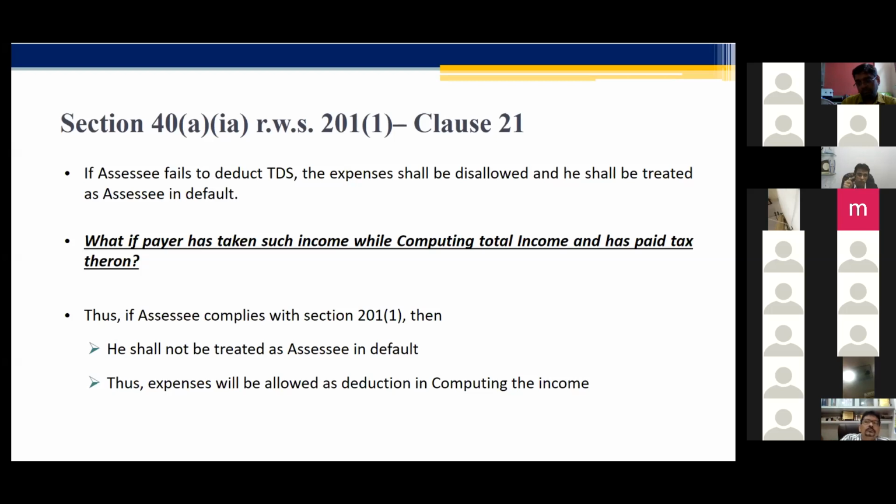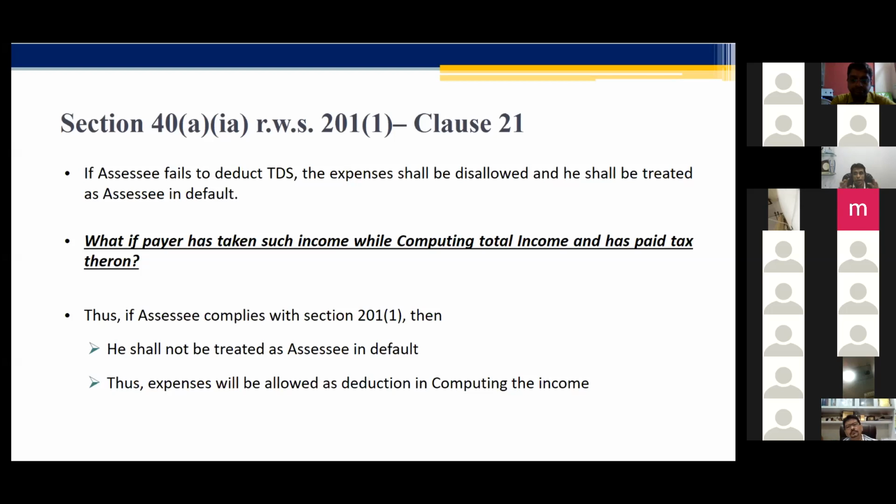For the purposes of assessee in default, you refer to section 201, which says the person to whom the assessee had paid this income, if he has offered that income in his income tax return and gives a certificate to that effect, then you will not be treated as an assessee in default.